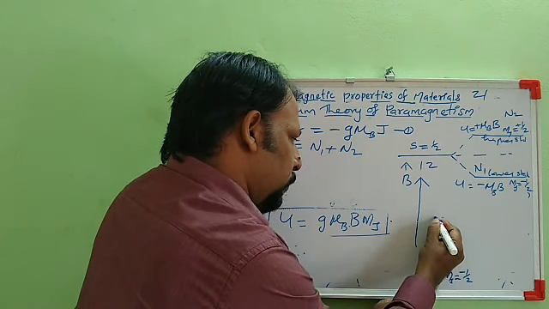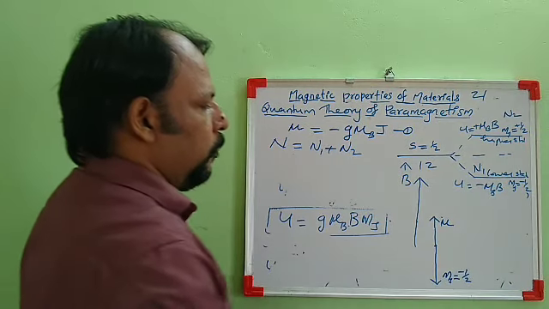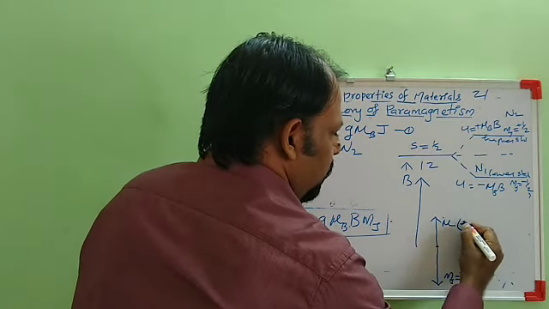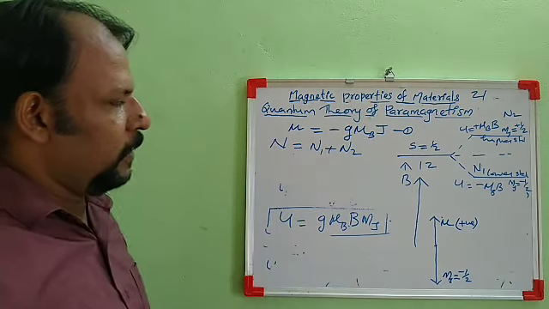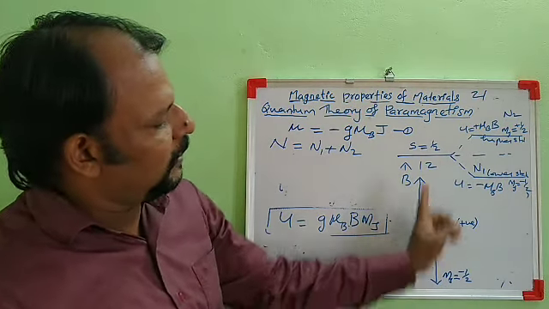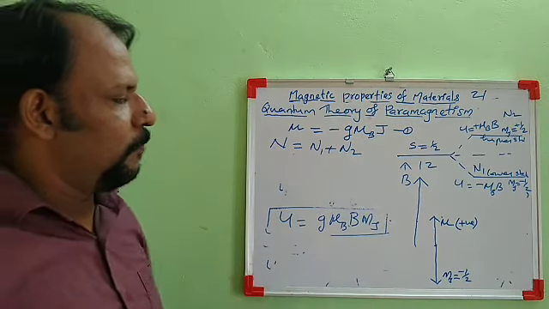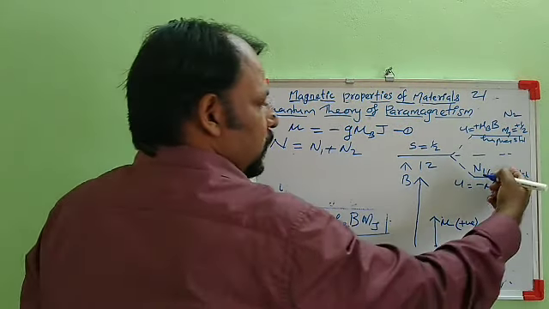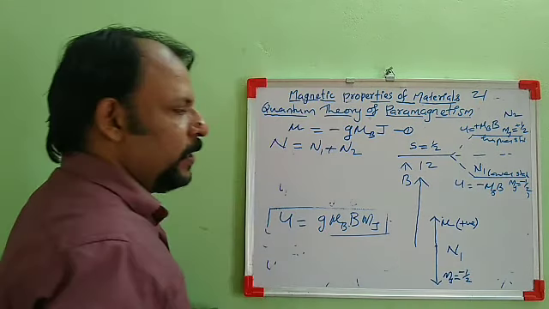So its magnetic moment will be pointing in this direction. So this is the magnetic moment, and this magnetic moment will be positive, which is along the direction of magnetic field, along the direction of B. So this is the direction I am taking as positive. The downward direction is the direction I am taking as negative. The number of atoms in this lower state, this alignment, I am taking as N1.